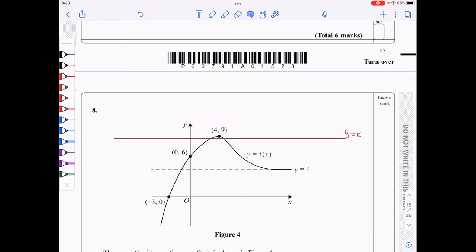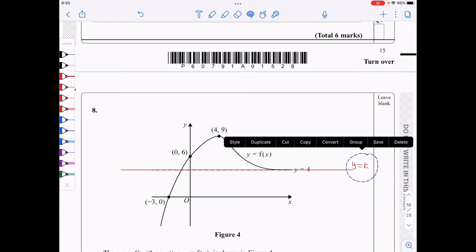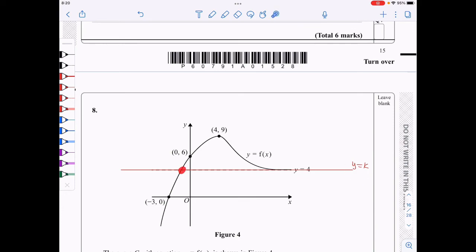Again, if I go down, we are at 2 intersection points. The moment I sit on the asymptote, it's going to be just 1 because it's only this point here. There is no intersection with the asymptote because the curve here will not touch the asymptote.